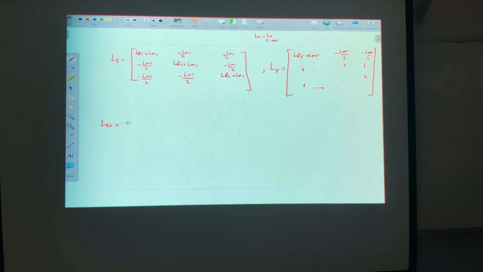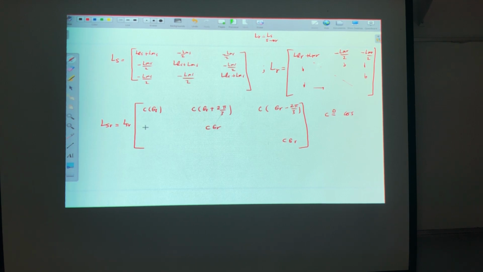Now what about the LSR? This equal to what? So this will be the LSR here, and here I'm having cosine theta r, then cosine theta r plus 2 pi over 3, then cosine theta r minus 2 pi over 3. Here I'm having cosine theta r, and here C stands for the cosine.